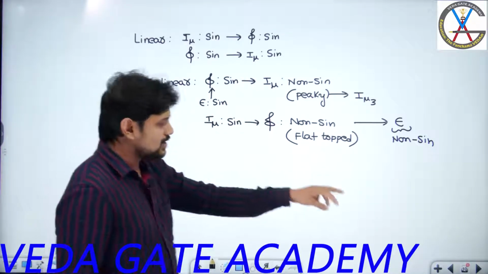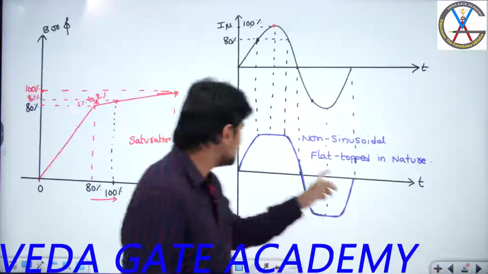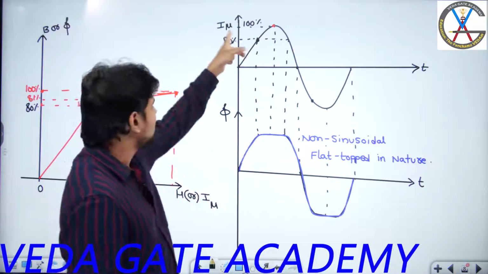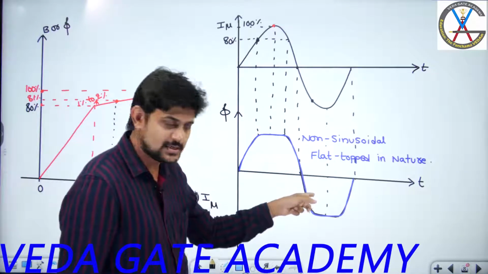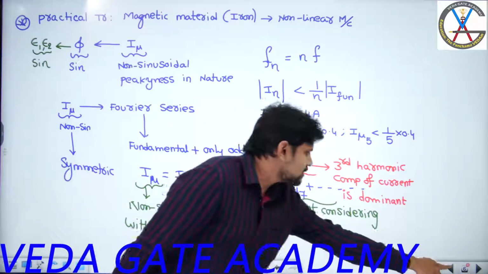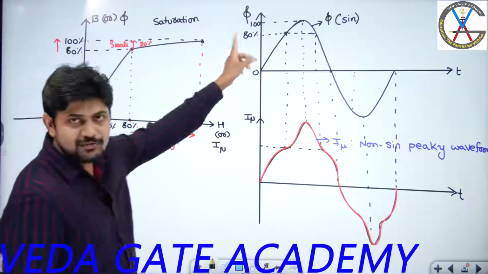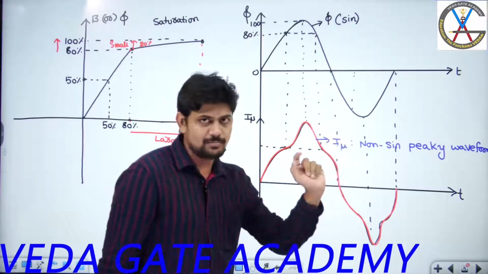Previously I showed, by seeing this diagram, that if I mu is sinusoidal, flux is non-sinusoidal but flat-topped in nature. Similarly, here if the flux is sinusoidal, I mu is non-sinusoidal, but it is a peaky waveform, right?